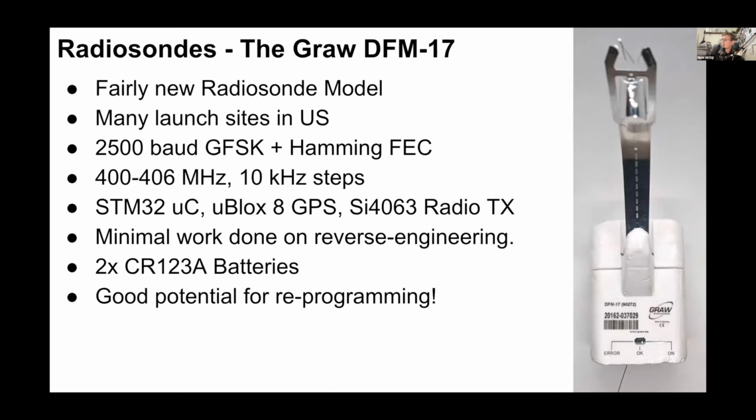They use a more modern GPS, a U-Blox 8, which is really nice, and a more modern radio transmitter IC, so a bit more capable. Unfortunately, there hasn't been much work done on reverse engineering these yet, and they use different batteries. They use CR123s, but there's some very good potential here for reflashing these and reusing them.